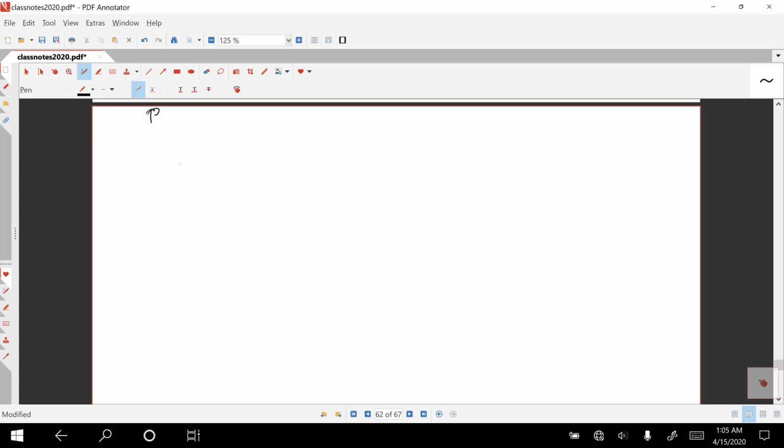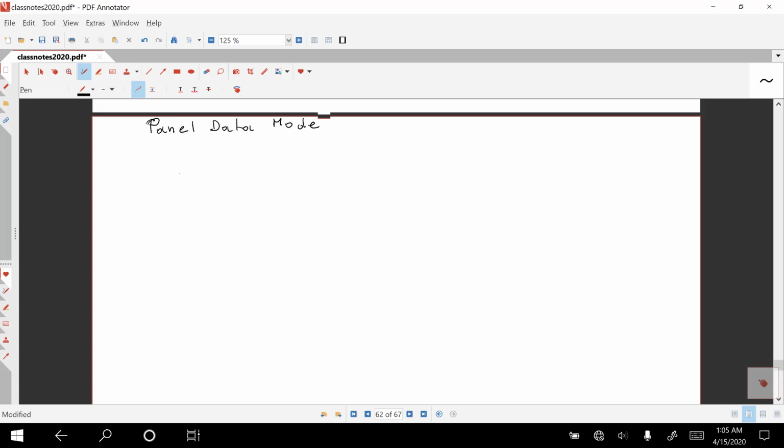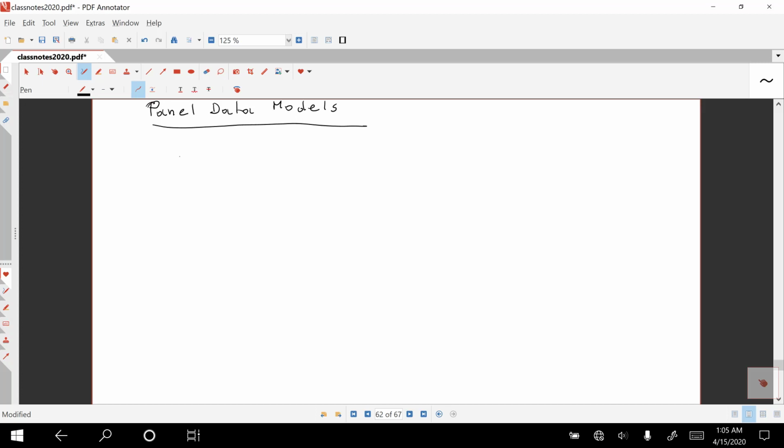Okay, so today's topic is panel data models. So we're going to start with the basic model that describes what we mean by panel data, and you should all be aware of that. But basically, it's a model where we have data on specific units.